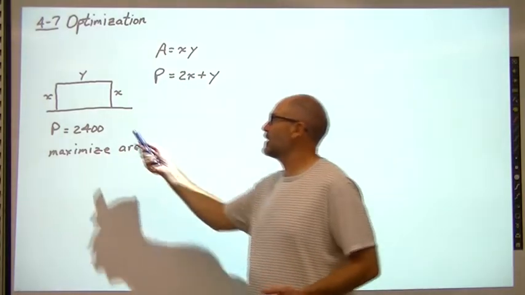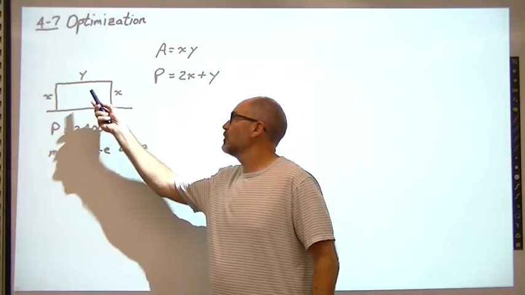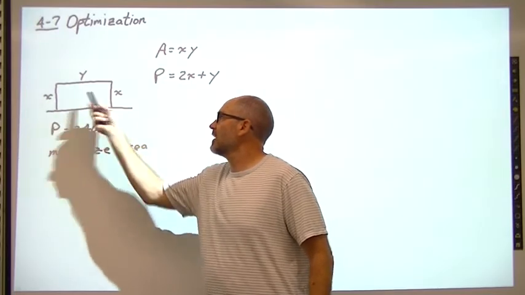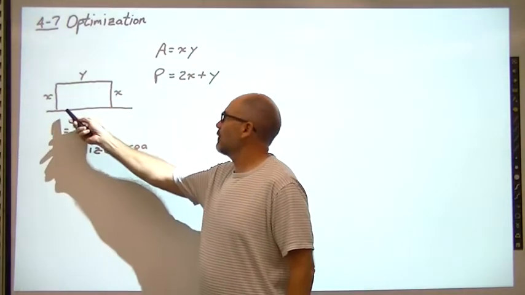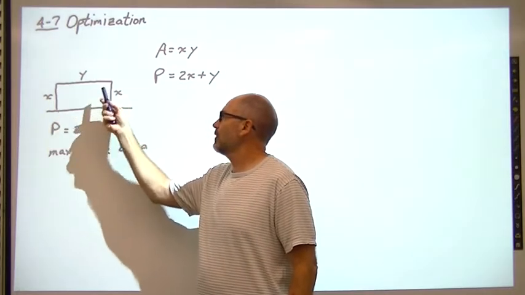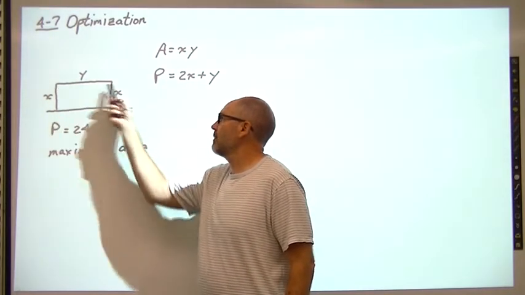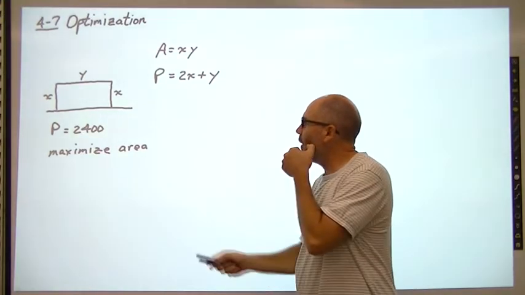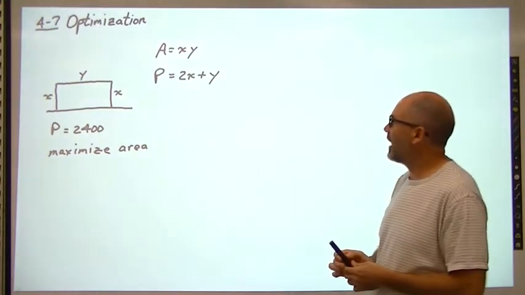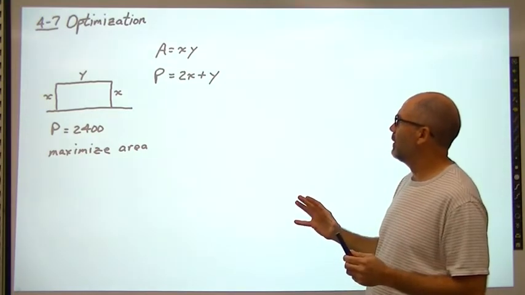Now, basically, we just defined our variables by drawing the picture. Here's x, here's y, and clearly the area of a rectangle is base times height, or I should say height times base. So it's x times y. All right, now maximize the area that we have here.